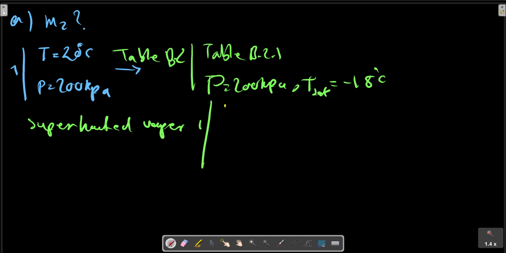From table B.2, we can obtain these quantities for state 1.